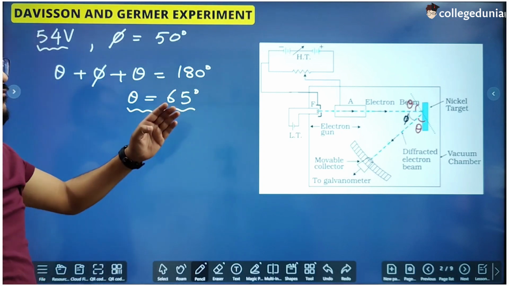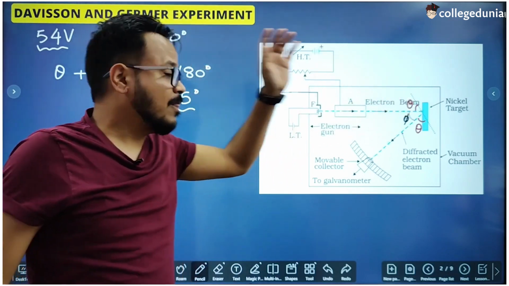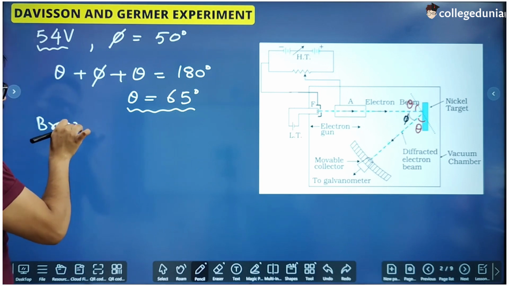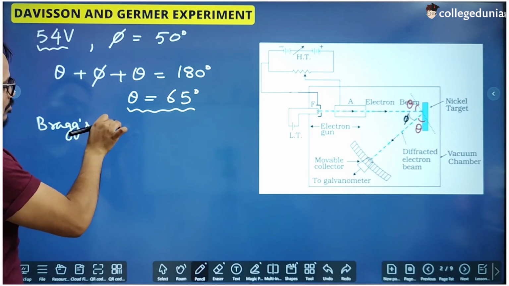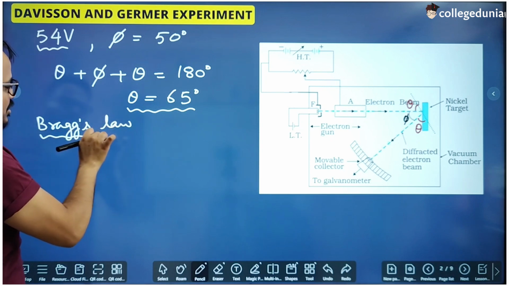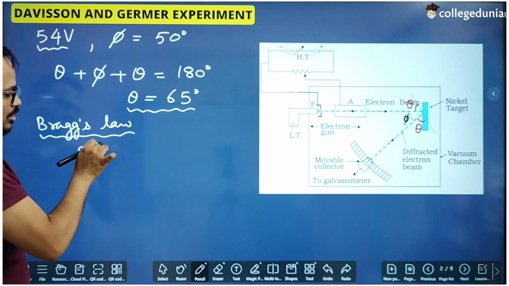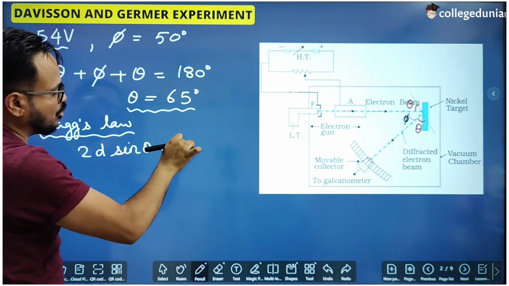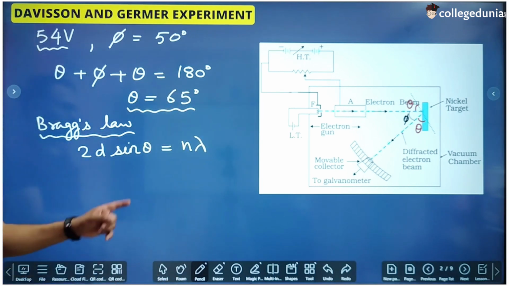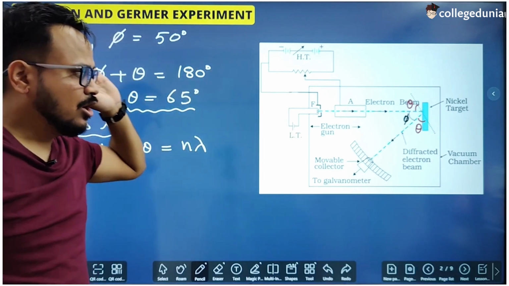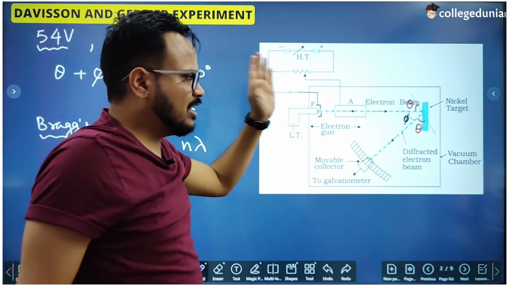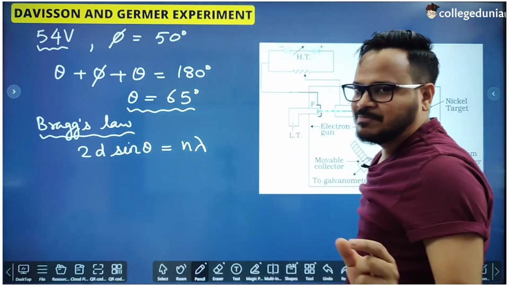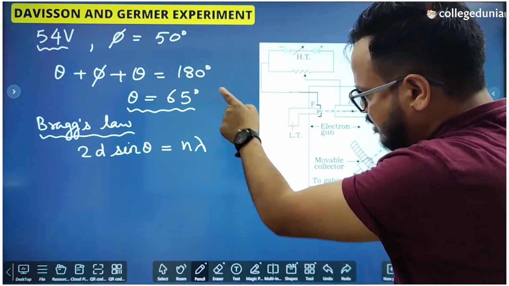Now using a very important equation for crystals, which is called Bragg's law, which says 2d sin theta equal to n lambda, where lambda is the wavelength of the wave which is bombarded on the crystal, d is the interatomic spacing of the crystal, and theta is this angle.